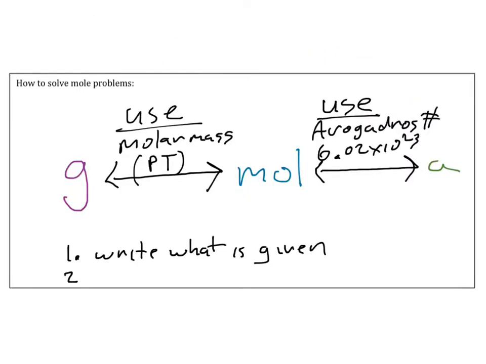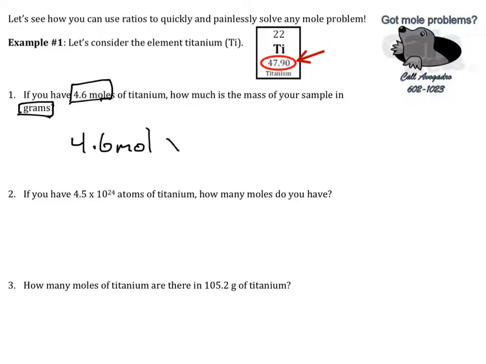Step 2 is to multiply by an empty fraction. You're going to multiply by an empty fraction, and we're eventually going to fill in that fraction. So let me show you what that means. We're going to multiply by an empty fraction. So that's step 2.